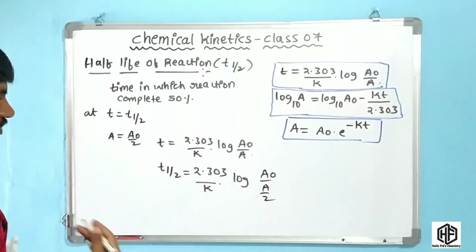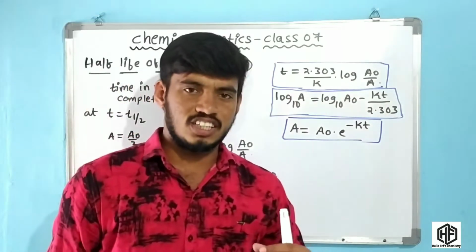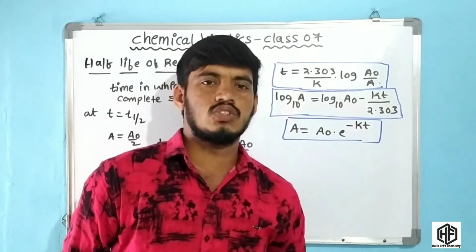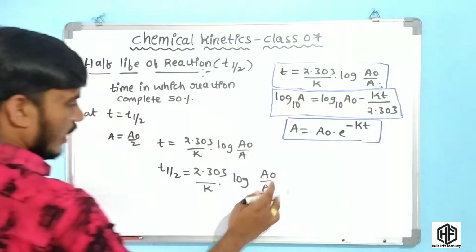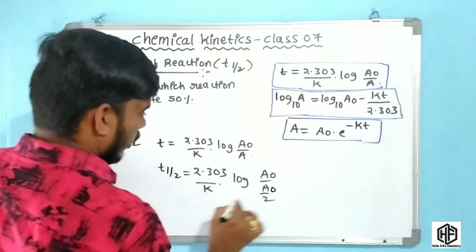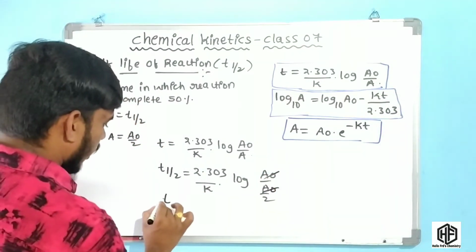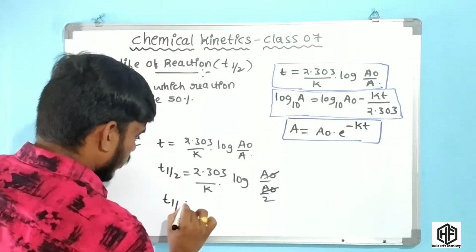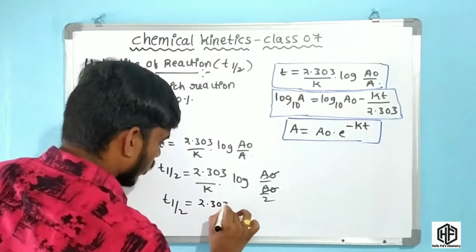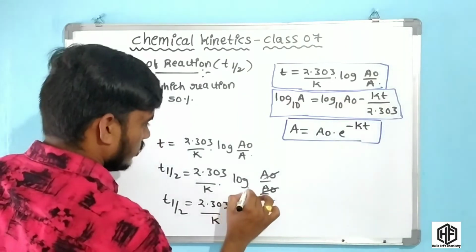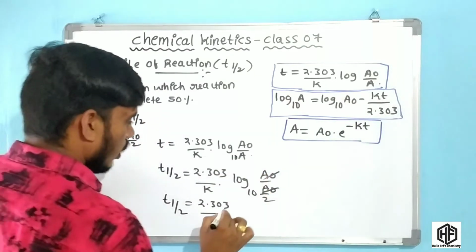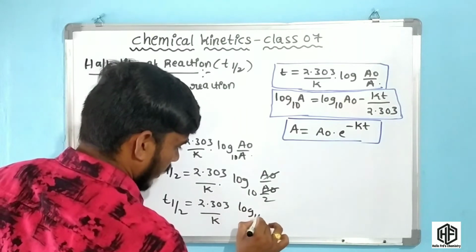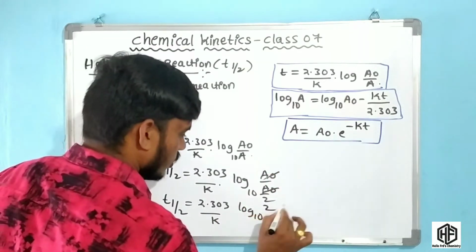Half life is when the initial concentration of the reactant is reduced to half. Now this a is a₀/2. Now a₀ and a₀ cancel. So t½ = 2.303/k × log₁₀ 2.